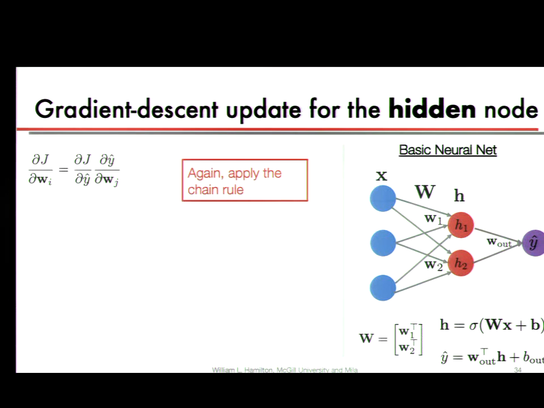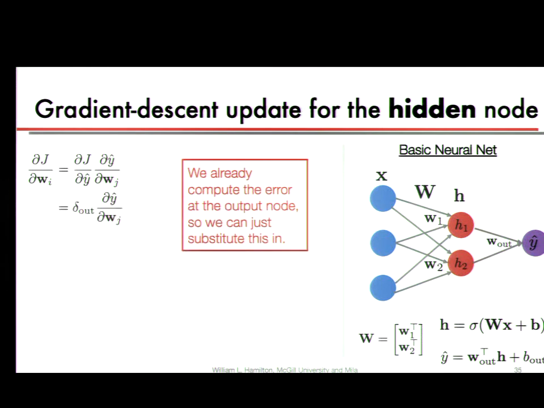First off, note that the derivative of the error with respect to the prediction is this thing that we called delta out on the last slide. This is basically just how wrong we were at the output node. So our gradient at the hidden node is some function, some multiplication of our error at the output node.